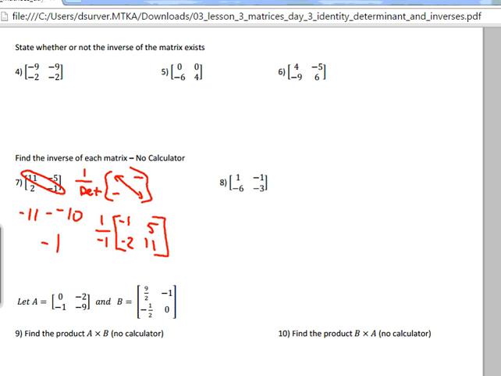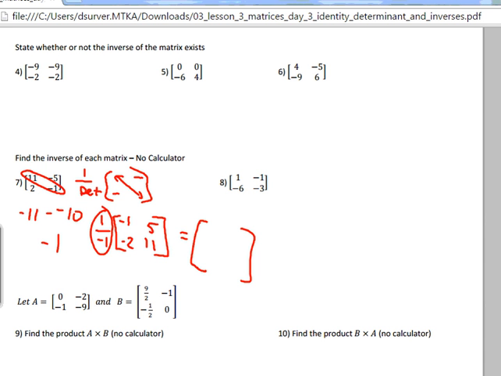Now how do I do this? You just take all these numbers and multiply them all by negative 1, because 1 over negative 1 is negative 1. So you times it by all 4 numbers, and you'll get your final answer. That's how you do inverses without the calculator.